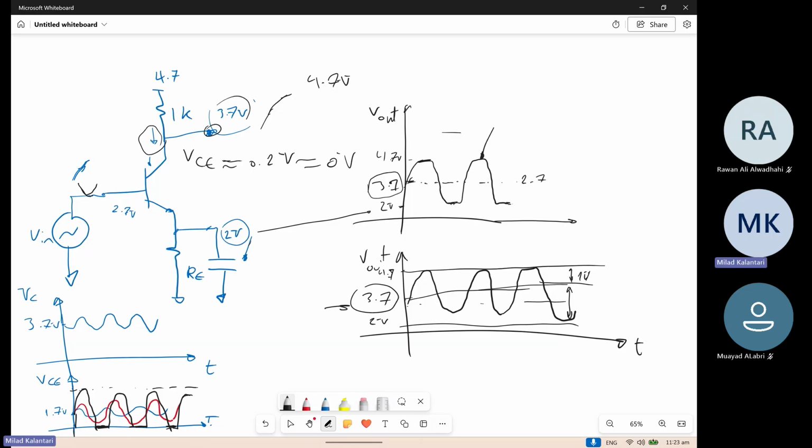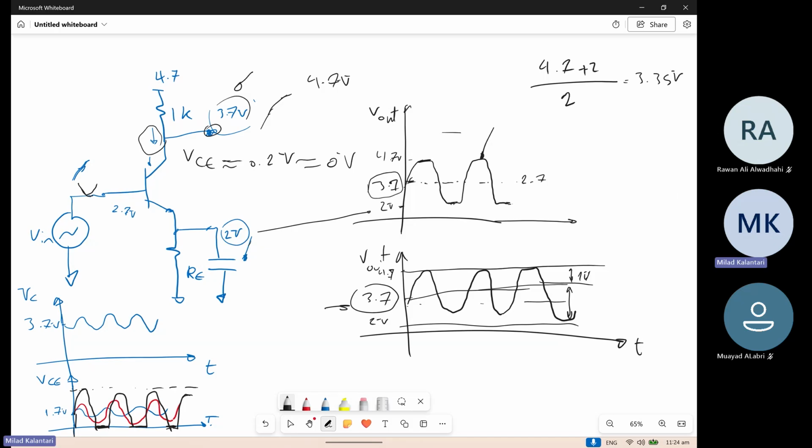So in fact, if you want to design a more linear amplifier, you need to adjust this 3.7 to be how much? Right? 4.7 minus 2, divided by 2. I'm just trying to find the maximum amplitude, right? Plus 2, divided by 2, basically, is 3.35, right?